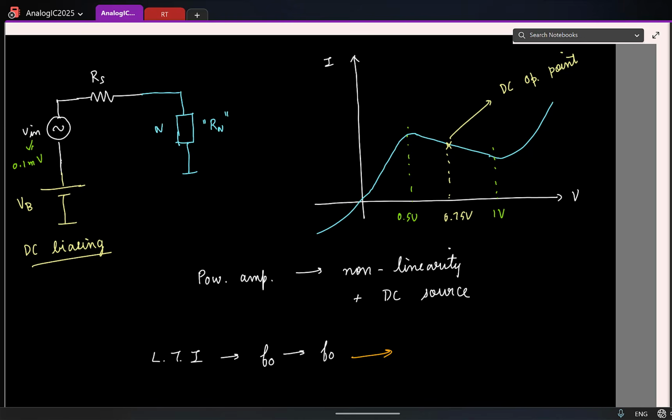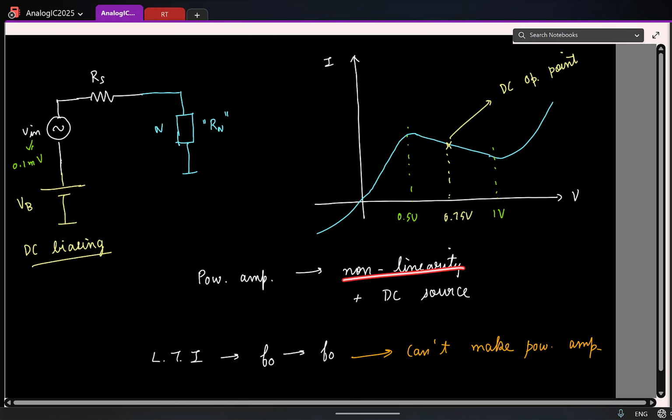So here we want some kind of frequency conversion that is not possible with LTI systems. You cannot have power amplification with truly LTI systems, and that's where we use nonlinearity to do the job.